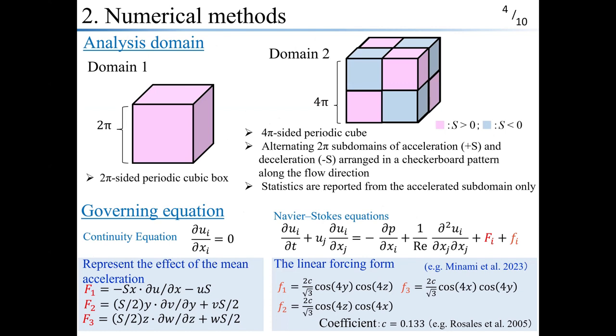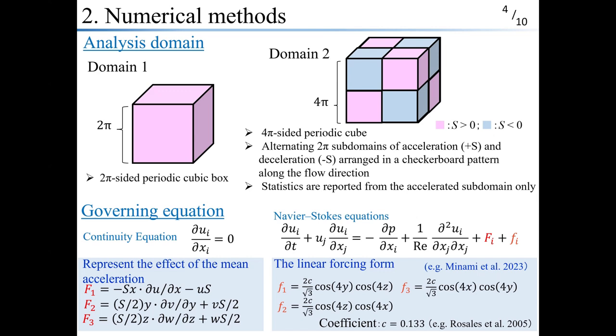In previous study, a cubic computational domain with side length 2π was used, containing only acceleration regions. In contrast, this study adopts a periodic cubic domain with side length 4π composed of alternating 2π accelerating and decelerated subdomains.